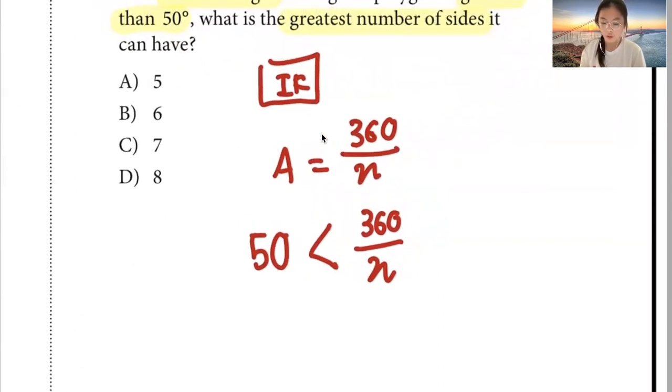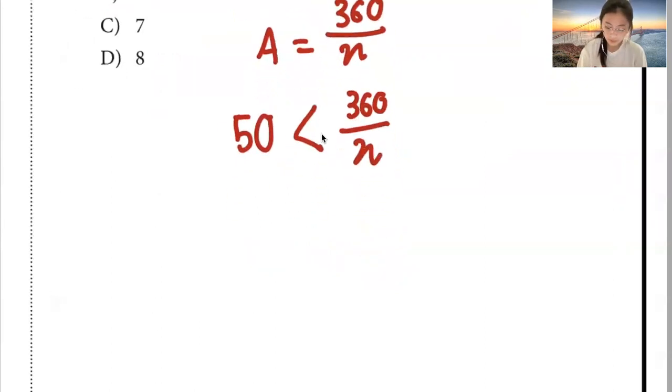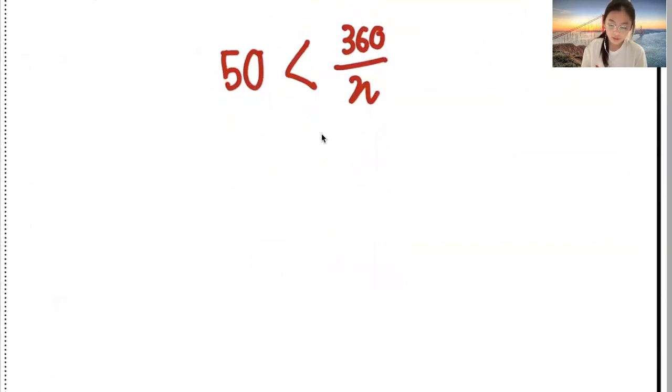It's asking for the greatest number of sides it can have. Well, we know that n is talking about the number of sides. So we need to isolate n to know the number of sides in the first place. So we multiply both sides by n, which is going to be 50 and 360.